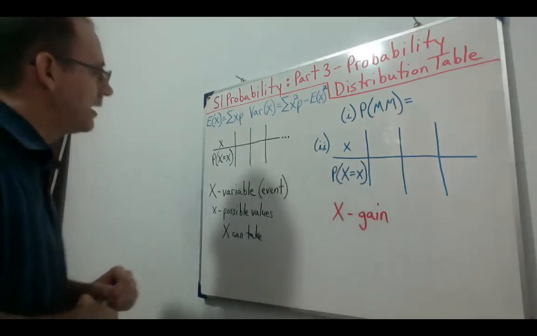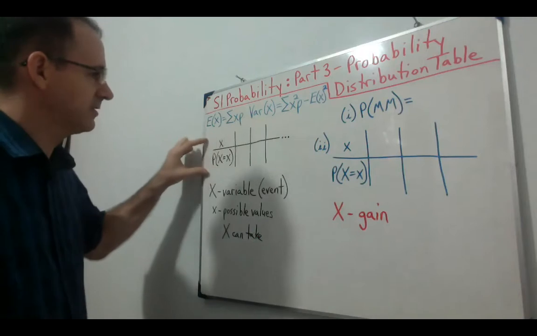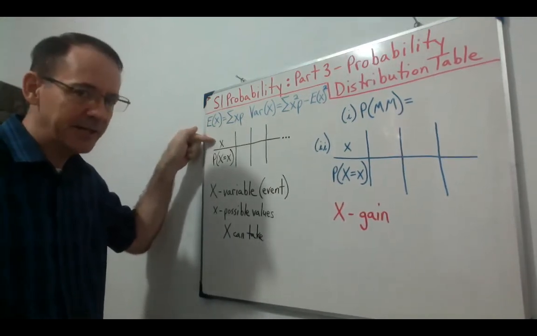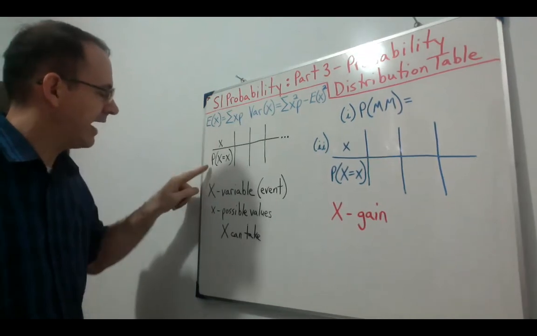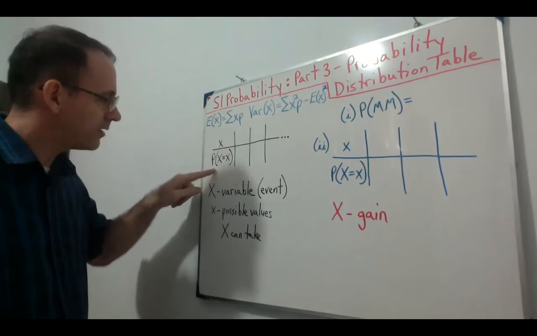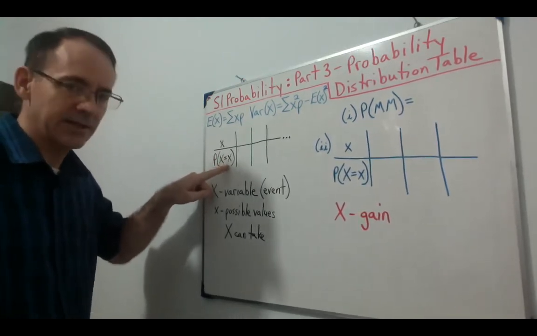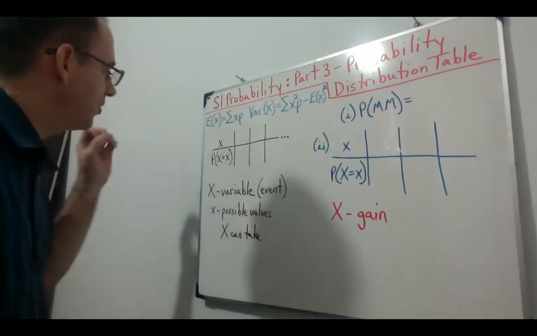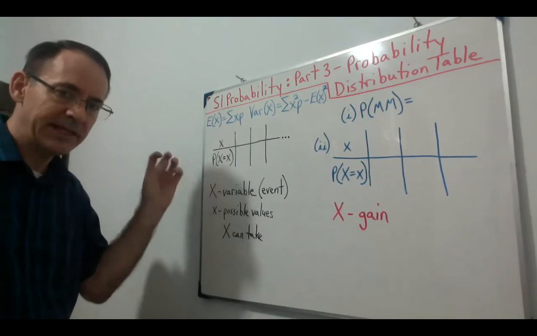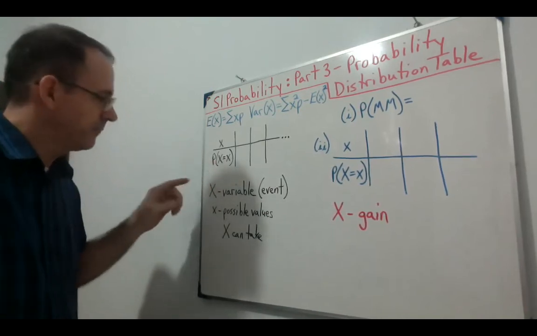So what you're going to do is create a table that looks like this. You're going to have a little x on top, and on the bottom this P of capital X equals little x. So the capital X is your variable, meaning it's what has the changing possible outcomes.